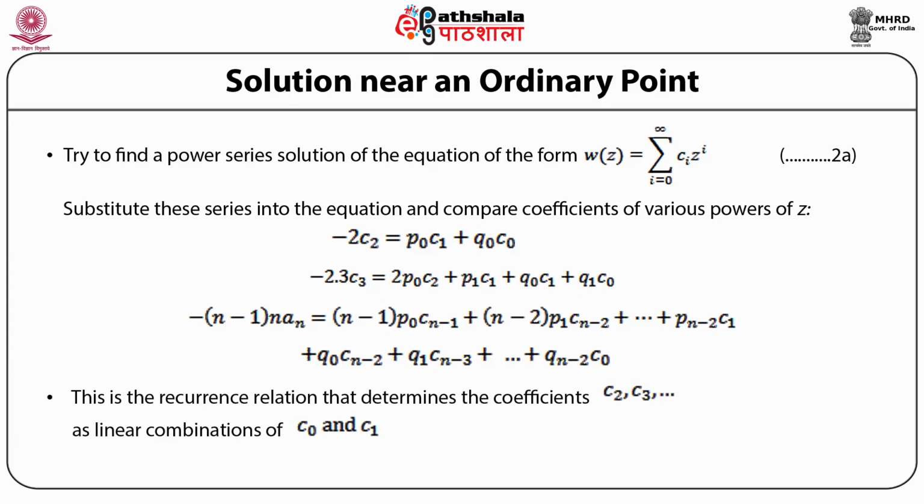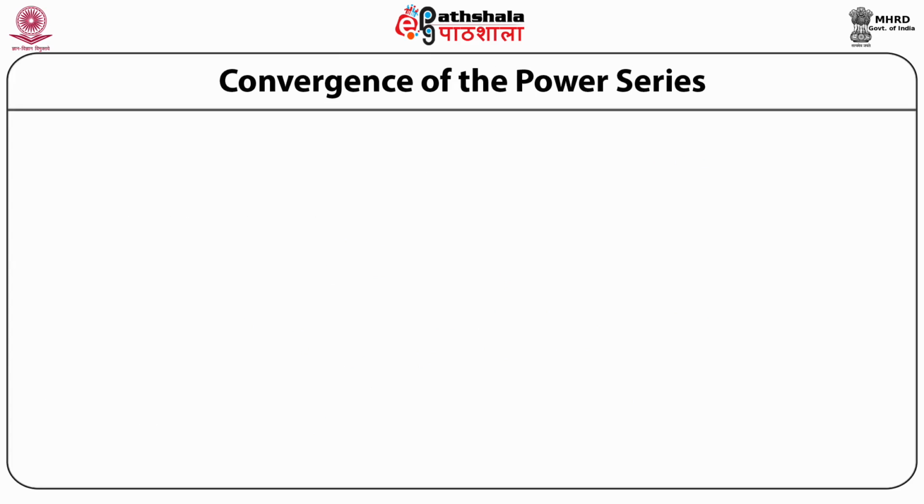This is a recurrence relation that determines the coefficients c2, c3 and so on as linear combinations of c0 and c1. We now discuss the convergence of the power series.